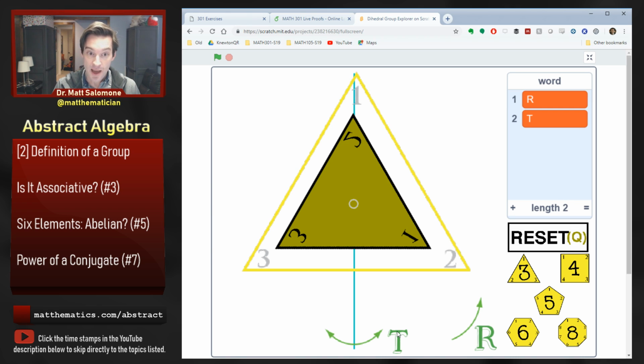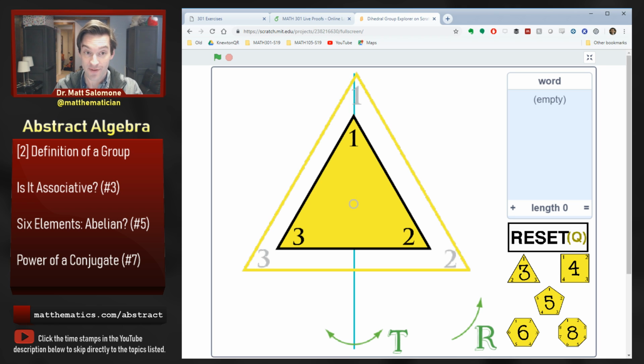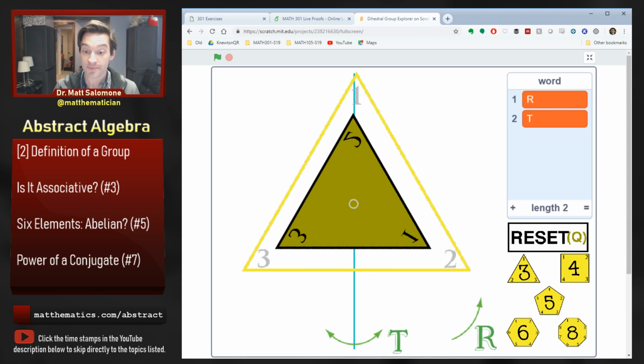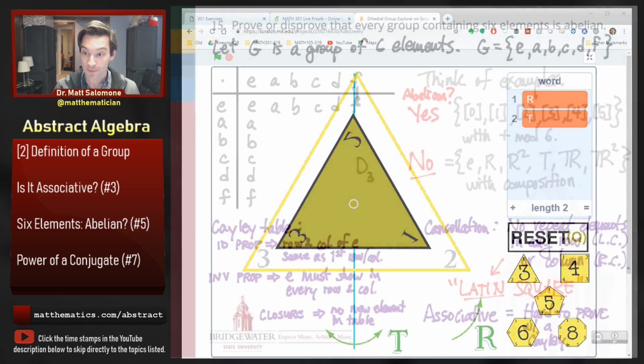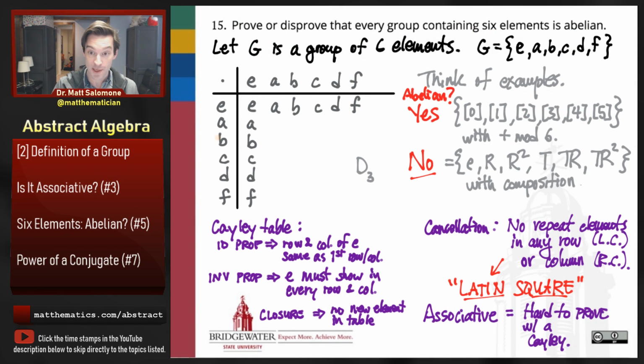So TR is not equal to RT inside of this group. And what that tells me is that the operation in the dihedral group of the triangle is not, in fact, commutative. TR gives me a different configuration of the triangle than RT did. Right? And therefore, this group, the dihedral group of the triangle, is not an abelian group.